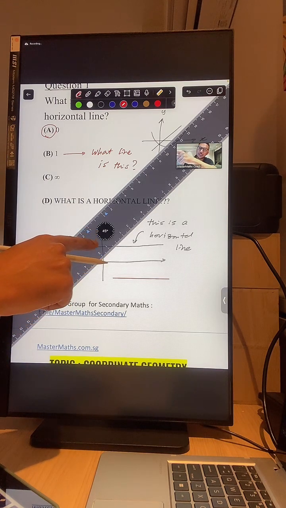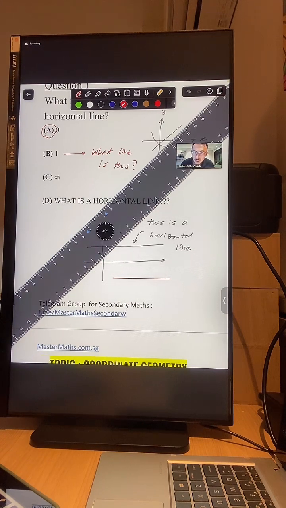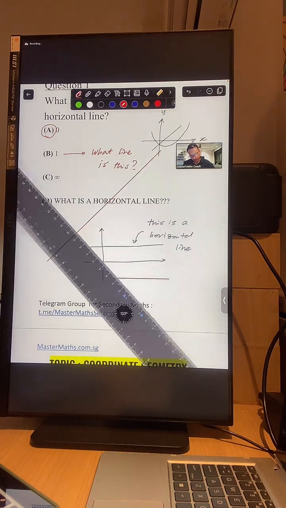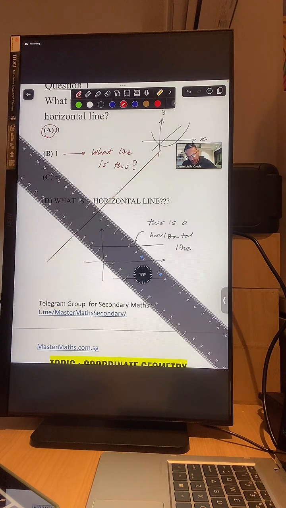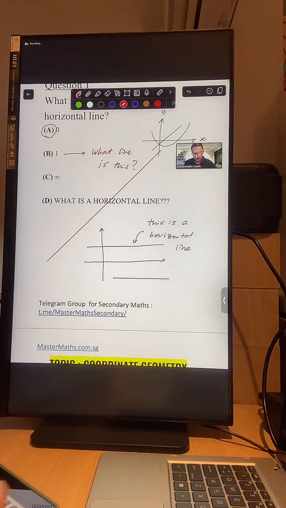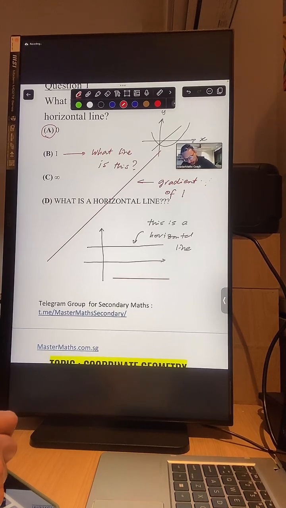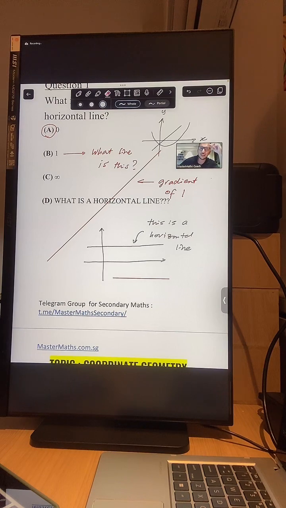Okay, 45 degrees, if I were to draw a line, this line over here, let me take away the ruler, this line will have a gradient of 1. So basically a line with a gradient of 1 is a line that makes a 45 degree angle with respect to your x-axis.